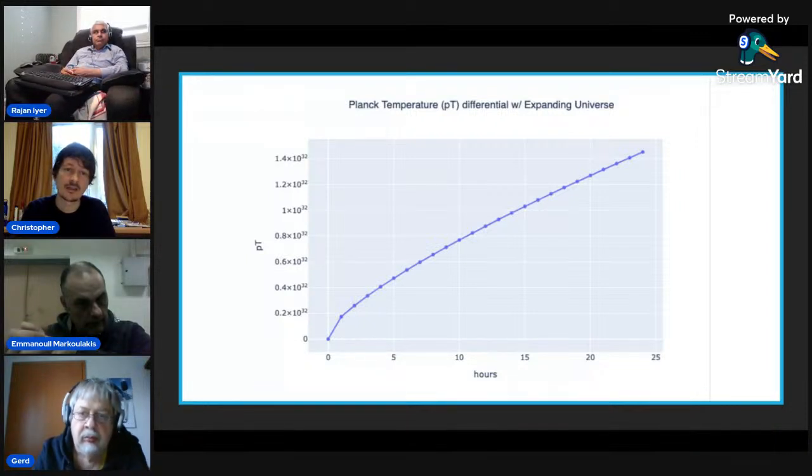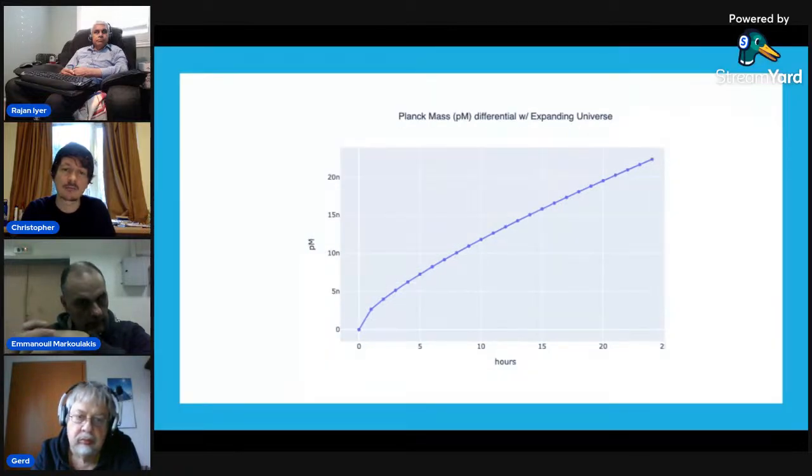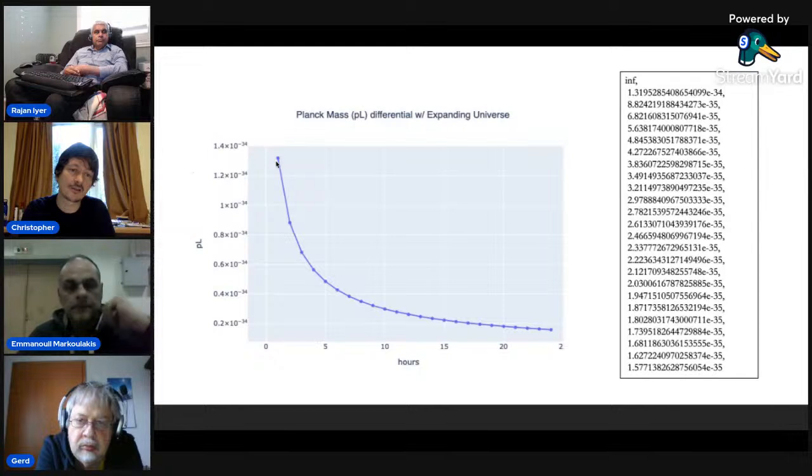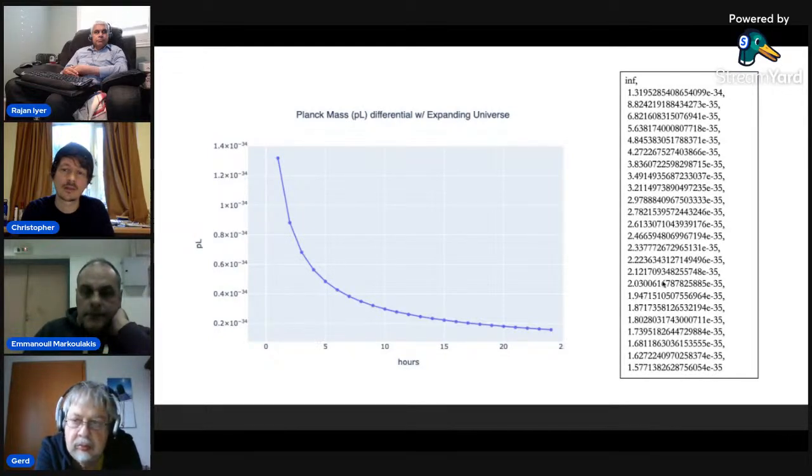For example, the Planck temperature is shown here. It would increase in this way. Mass would have an effect on that in this way. And finally, the Planck length would also have been larger in the past and decreased. So there's the values there.